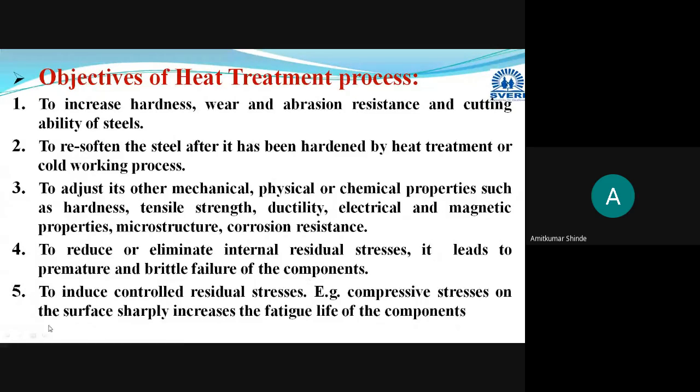Then the fifth objective here is to induce controlled residual stresses. Inducing controlled stresses means we are creating some stresses in that component. Why create stresses? In the previous point we saw that we want to eliminate the stresses, and here I am telling you that you can create the stresses. Whenever we are able to create compressive stresses in a component, it will increase the fatigue life of that component.